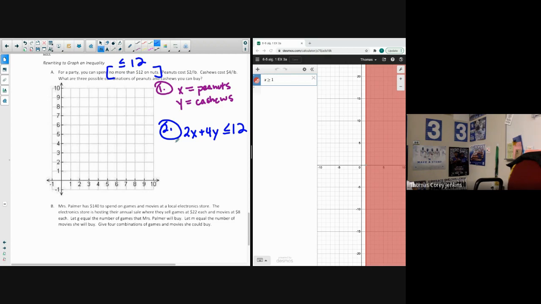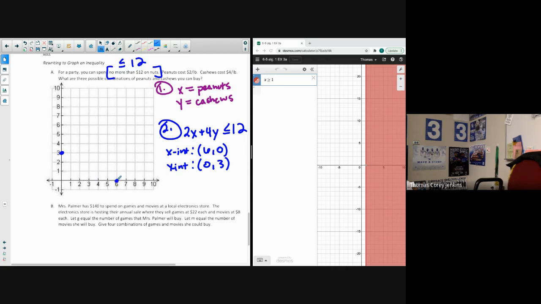I'll go ahead and tell you real quick. My x-intercept is at 12 over 2, so it's going to go through 6, 0. My y-intercept is going to be 12 over 4 is 3. So also goes through 0, 3.